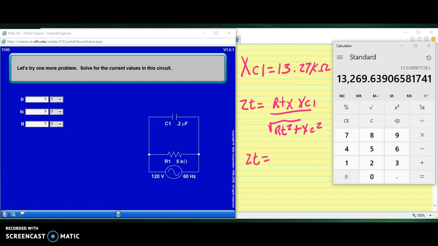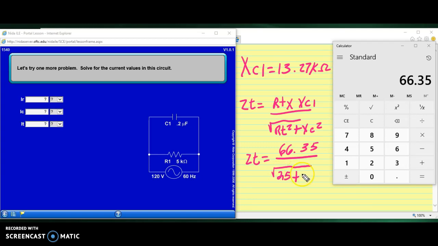Let's do that math, shall we? 5 times 13.27 equals 66.35 on the top half of our equation. So let's write that down: 66.35. On the bottom, we're going to have the square root of 5 squared. 5 squared is 25, plus X of C squared.